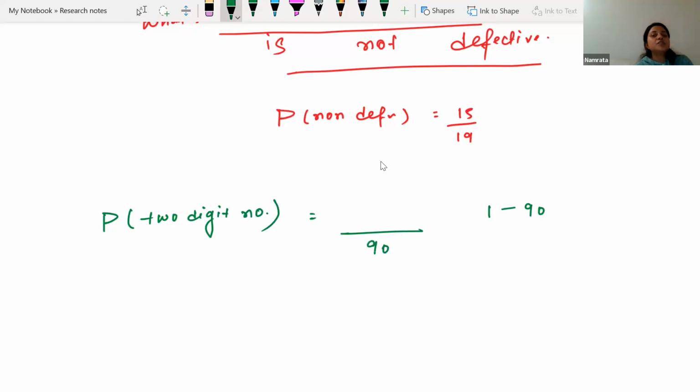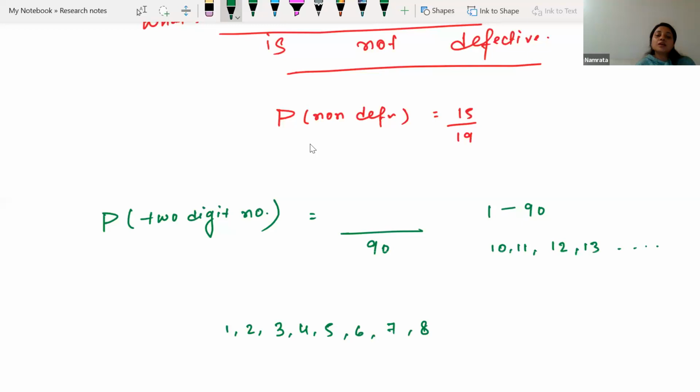Two-digit numbers start from 10, 11, 12, 13. Like from 10, two-digit numbers start, right? If we have 1, 2, 3, 4 till 90, then 1, 2, 3, 4, 5, 6, 7, 8, 9.